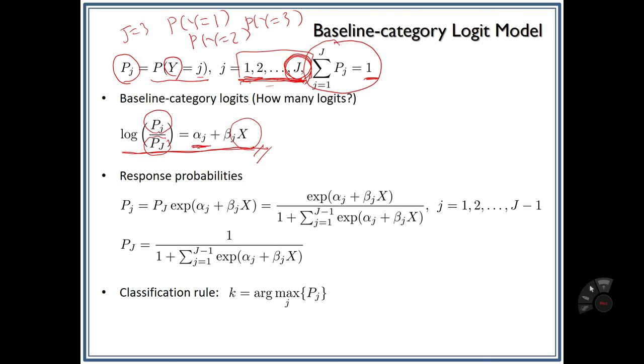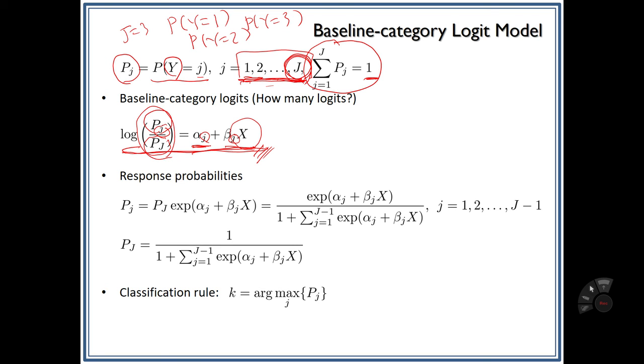Let us use alpha for the intercept and beta for the coefficient of the x variable, with the same index. So we take the odds ratio of these two probabilities, take the log, and use this linear form of the x variable.